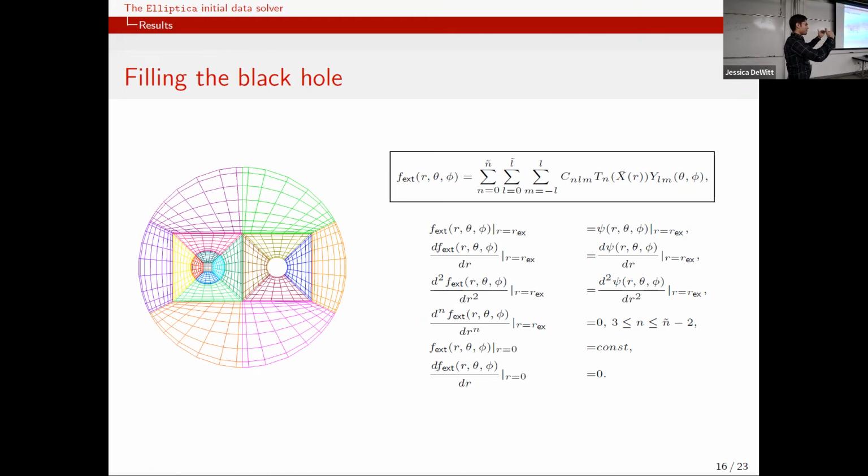So in order to have as much symmetry as possible, we impose yet another condition at the center of the black hole. Okay, so we populate C_nlm, these coefficients here, and for whatever fields we want for the moving puncture method, we use this equation to fill here.